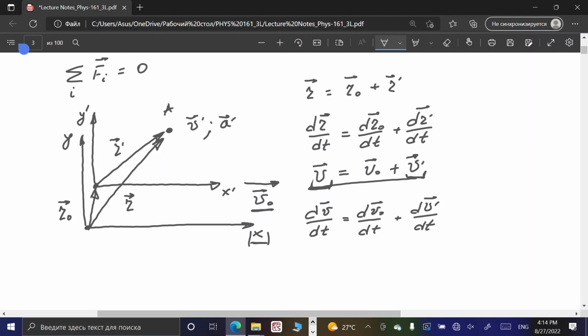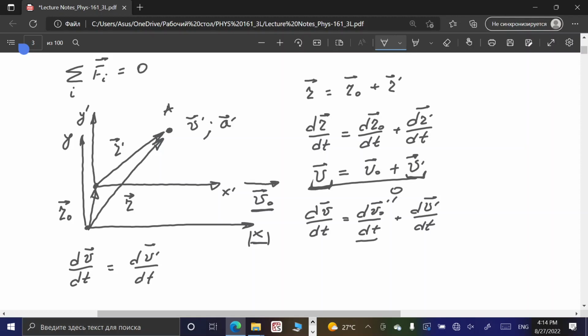If it's constant in both magnitude and direction, then the derivative of this dv naught vector over time will be equal to 0, because it doesn't change in either magnitude or direction. So that means that dv vector over dt is equal to dv prime vector over dt.